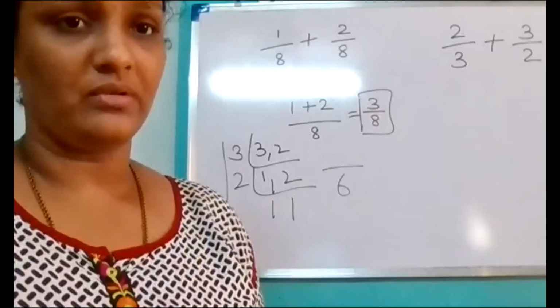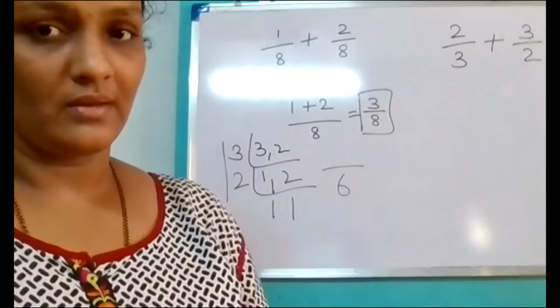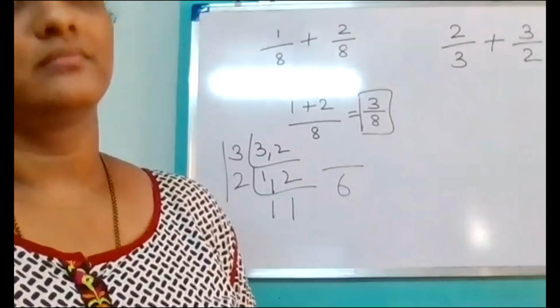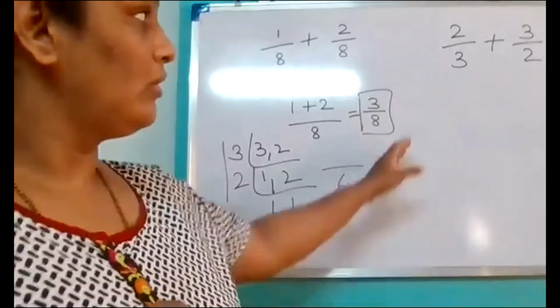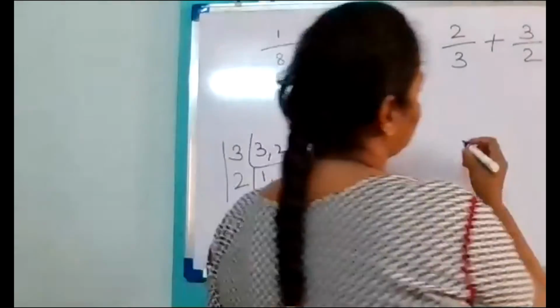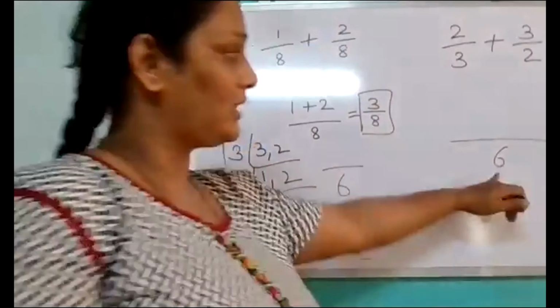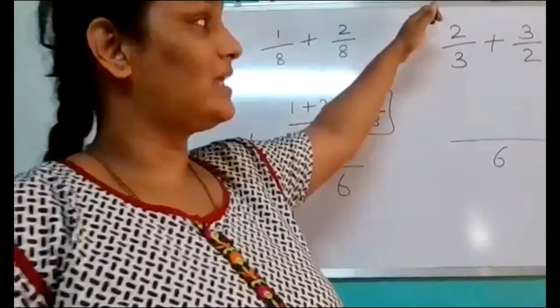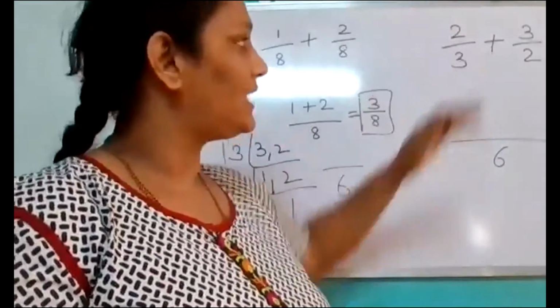And then ma'am, we have to multiply the denominator. Now I have got the LCM, which is 6. So here 3 into 2 makes 6.